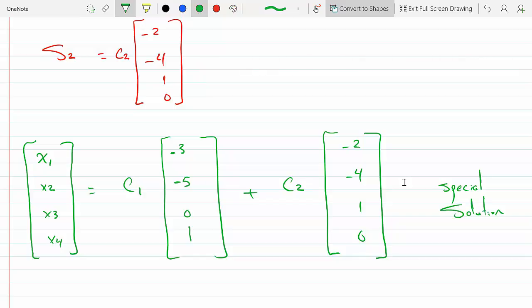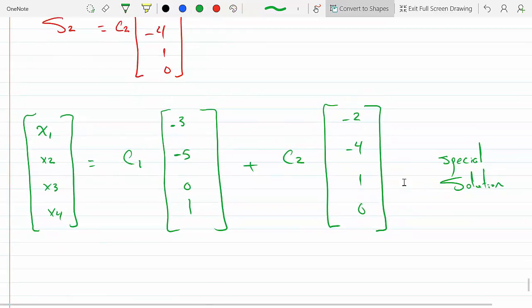You asked me about the null space, so this is an opportunity for me to tell you this: the special solutions that you got from setting the matrix A times the column vector x equals 0, the special solutions that you got from that, they form the null space of the matrix.